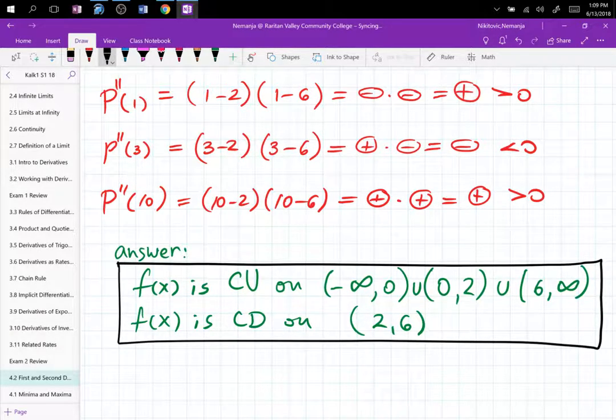You will be looking for domain, x-intercept, y-intercept, horizontal asymptote, vertical asymptote, slant asymptote, critical points, inflection points, first derivative, second derivative, first derivative test, second derivative test, and then graph the function. That is your 13, right? So a 13-step procedure to graph a function by hand.